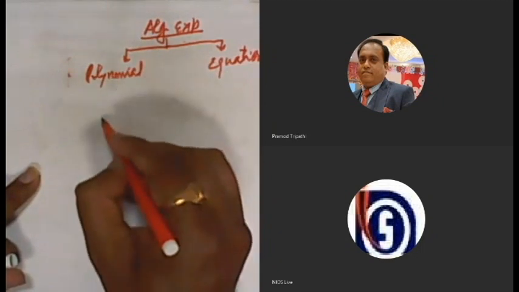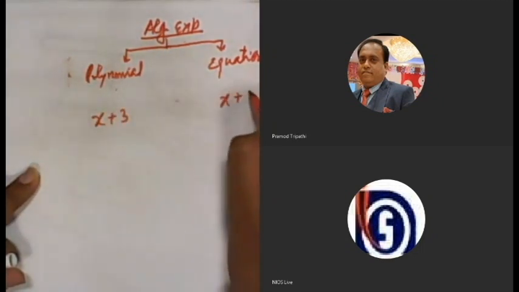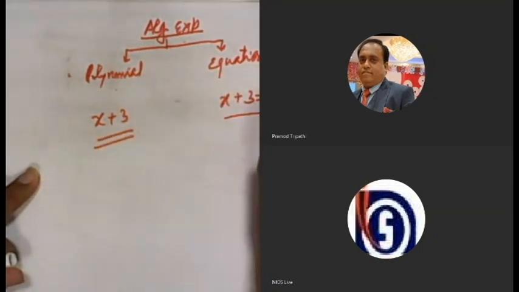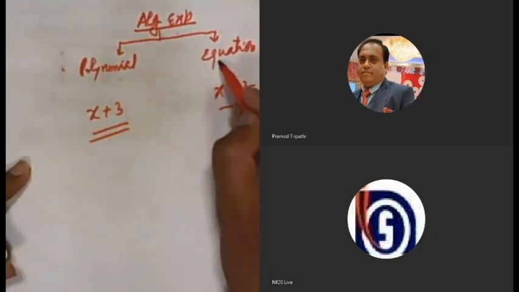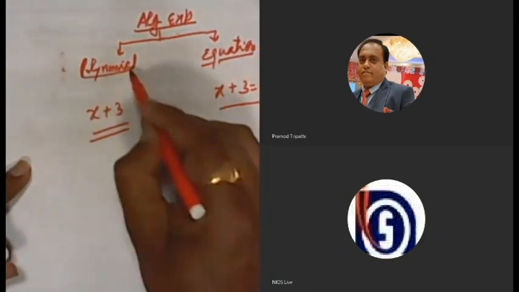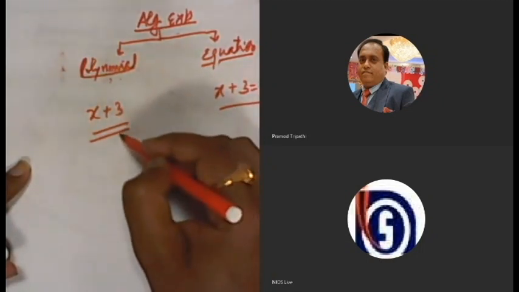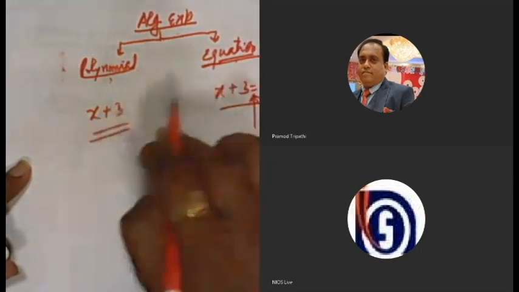So the polynomial, now we write here x plus 3, and x plus 3 equal 5. So algebraic expressions are polynomial and equation too, both. But in the case of polynomial, there is no sign of equality here. But in the case of equation, there is a sign of equality here. So this is the basic difference.